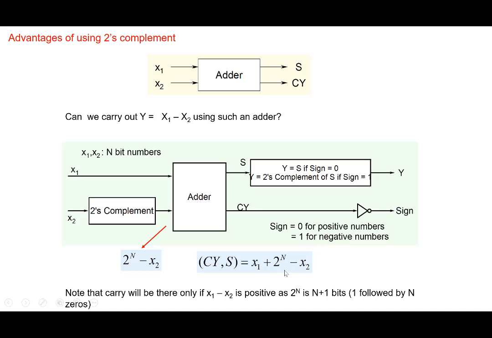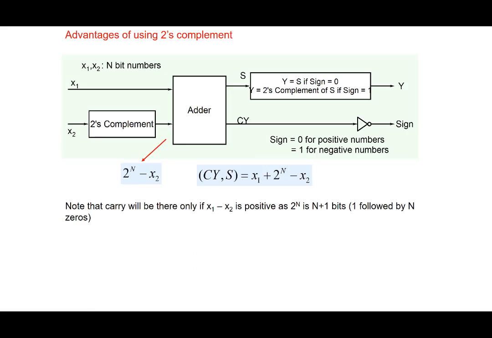On the other hand, you can also see here, if x1 is less than x2, then there will be no carry here. So note, carry will only be there if x1 minus x2 is positive here.